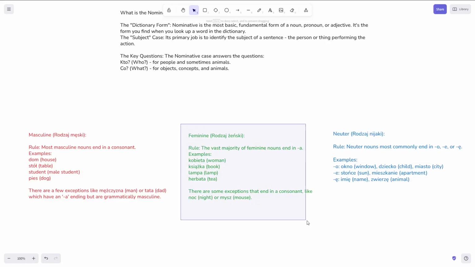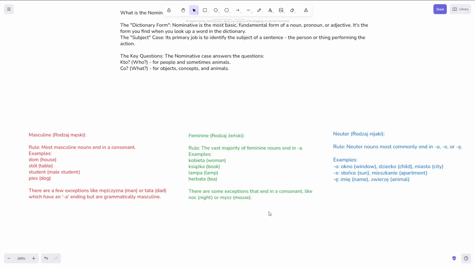So, another gender is, of course, feminine, and the vast majority of feminine nouns end with an A. So, for example, kobieta, książka, lampa, herbata. So a woman, book, lamp, or tea. And of course, there are some exceptions that end in a consonant. So for example, noc or mysz. And again, the same concept applies here.